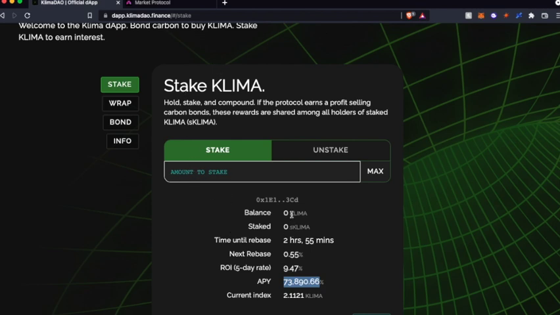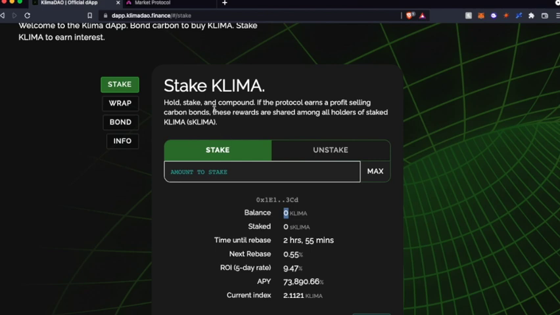Every time you stake Klima, you can purchase Klima either by bonding or by direct swap. I'll leave a link below where it's clearly explained how to buy the Klima DAO token, bonding and staking and all those basic things.